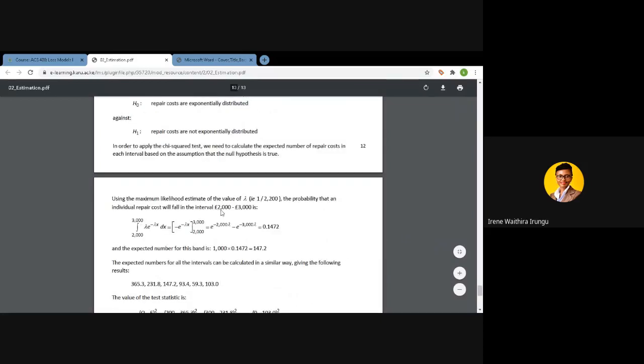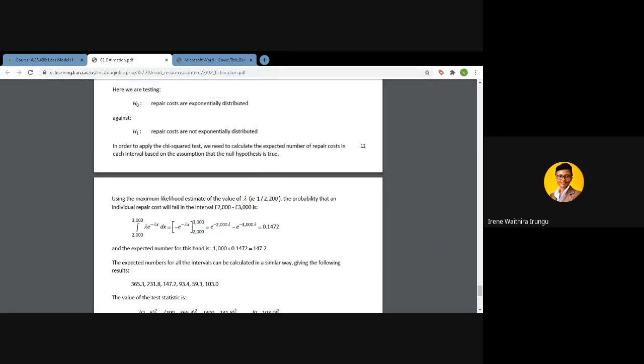What has been chosen is 2,000 to 3,000. So we are seeking to determine the expected number of claims that will realize a cost of between 2,000 and 3,000.